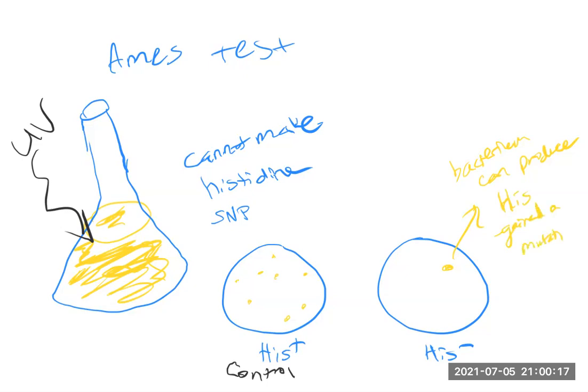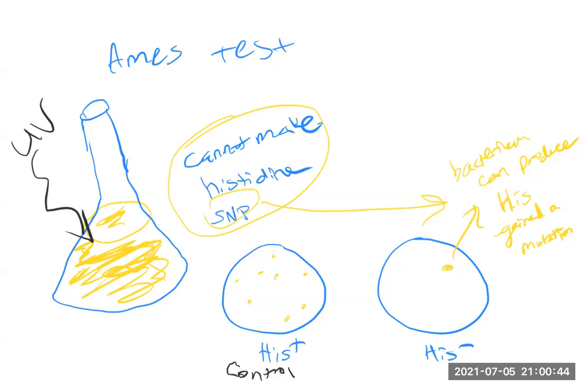And again, mutation can just mean a change in genetic sequence. So it's genetically different from these bacteria that cannot make histidine just because of a single SNP, because it fixed that SNP, in other words. It had a mutation which allowed this genetic pathway for making histidine to be fixed and be restored.